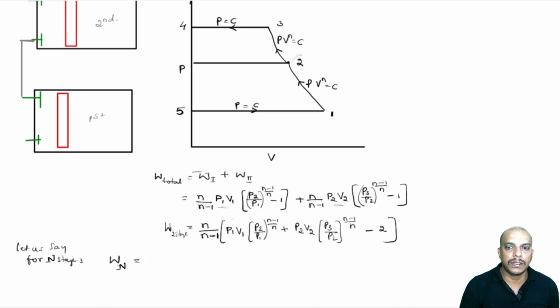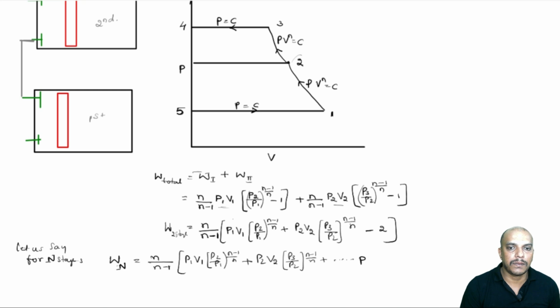Now for n stages we can write n/(n-1) P1 V1, similarly this equation will go up to, and plus so on.